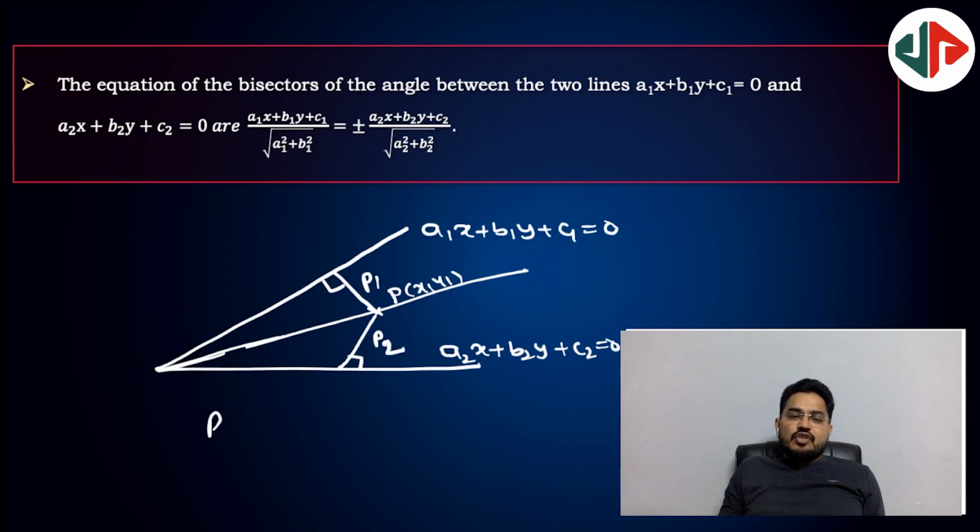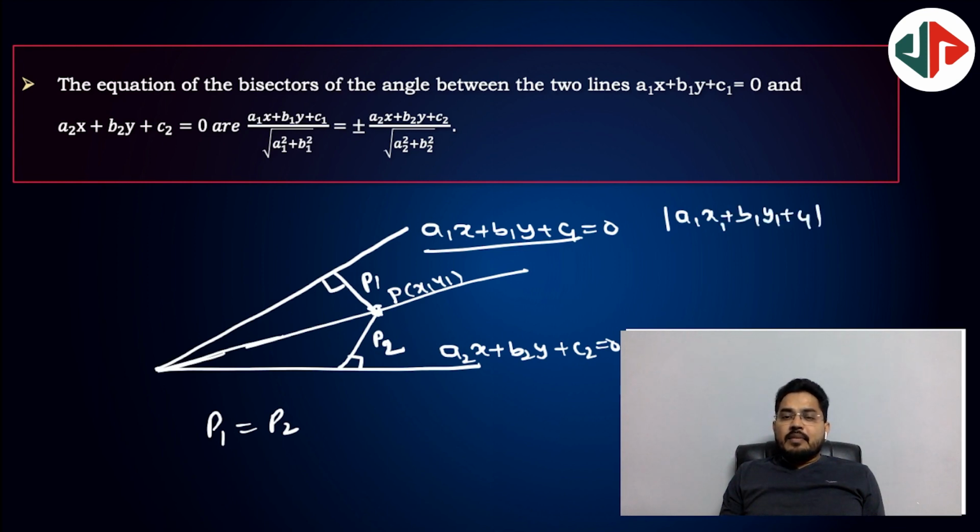So P1 should be equal to P2. The perpendicular distance from x1, y1 to this line is modulus of a1 x1 plus b1 y1 plus c1 by root over a1 square plus b1 square.